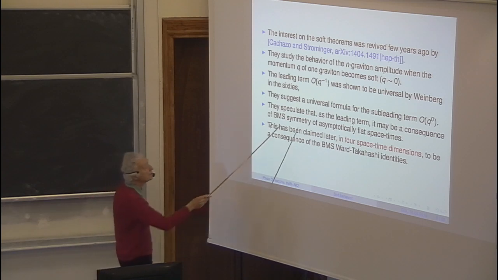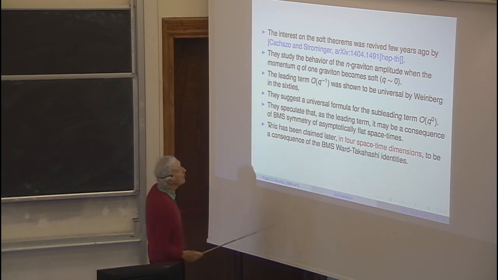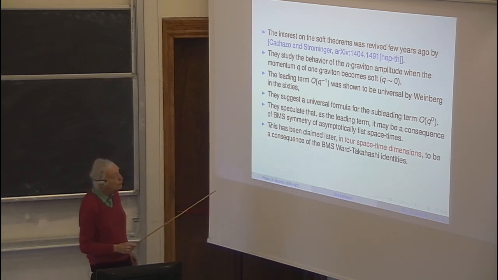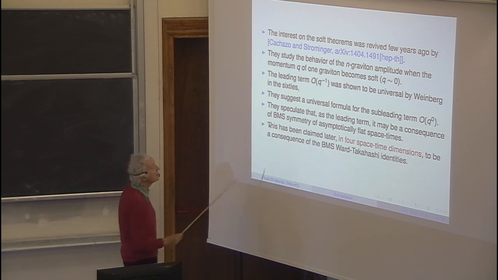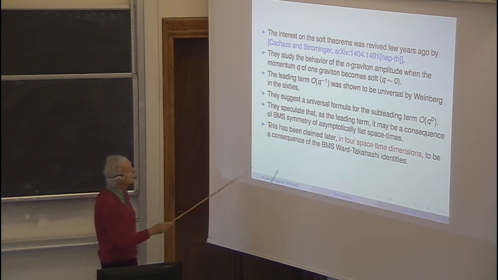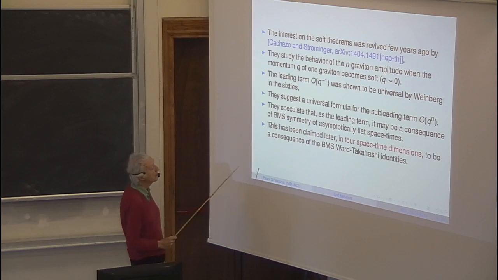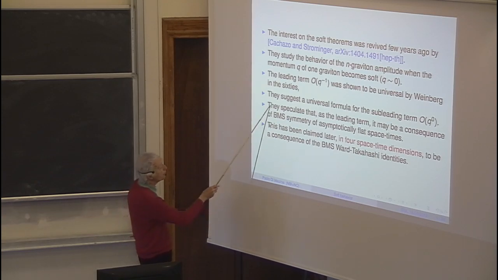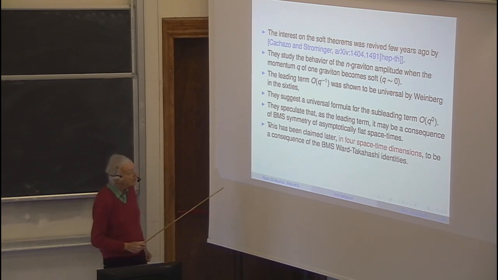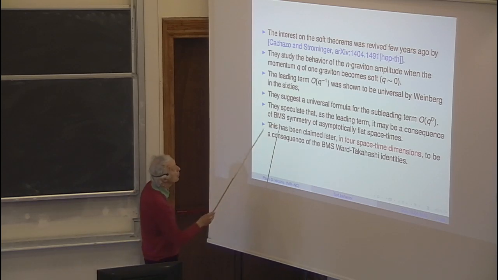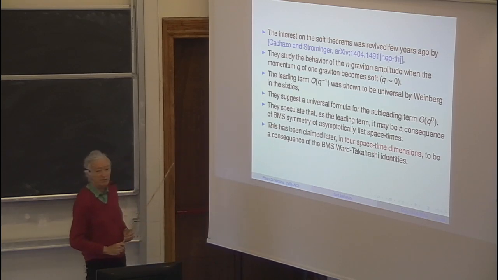The leading term, which goes like 1 over q to the minus 1, was shown to be universal by Weinberg in the 60s. And they suggested a universal formula for the subleading term, and they also speculated that, as for the leading term, it may be a consequence of the BMS symmetry of asymptotically flat space-time.